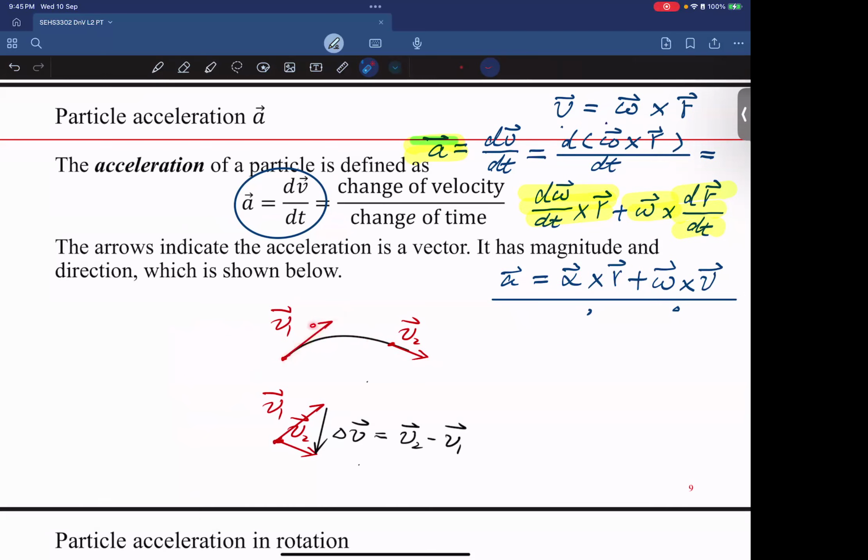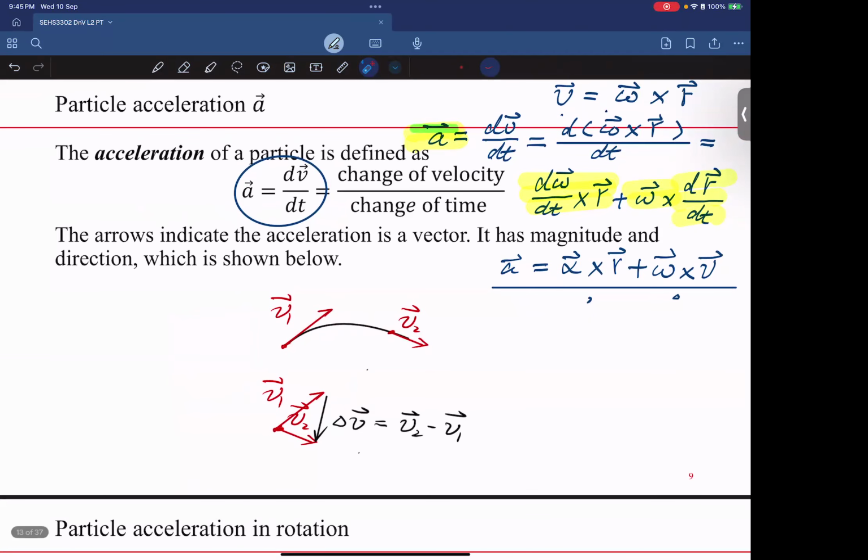Initially the direction is toward the upper right, and then it points toward the lower right. Therefore, from V1 to V2, what is the velocity change? In vectors, we put the initial points of V1 and V2 together. The change of V is V2 minus V1, the black one. This is vector subtraction.